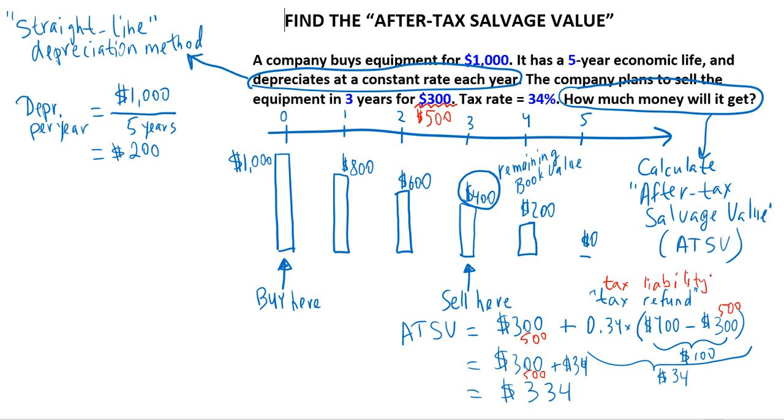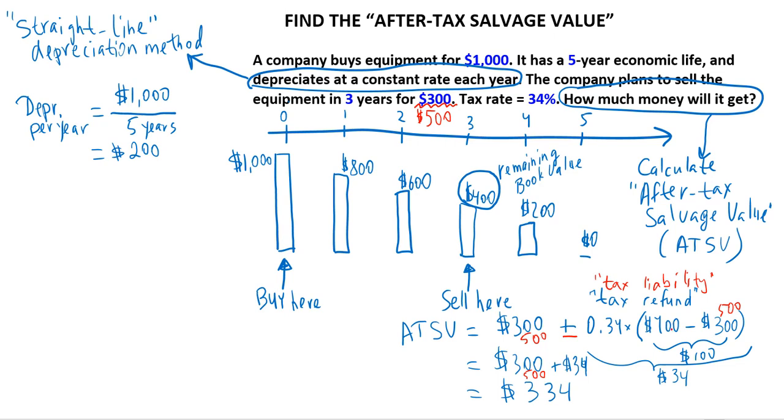The firm will owe money to the IRS. And so instead of adding some extra amount of money, we are going to be subtracting it.